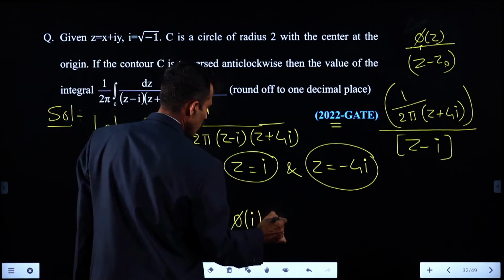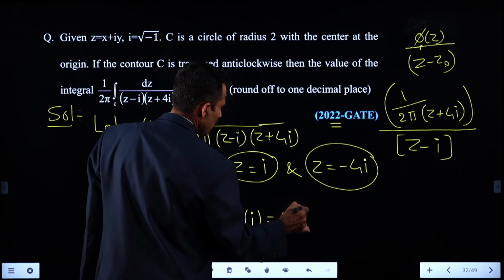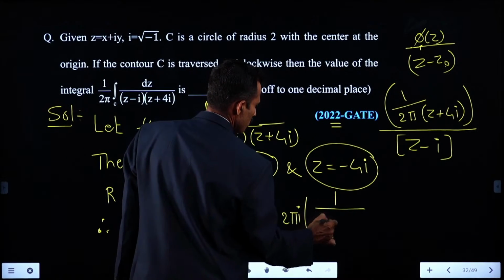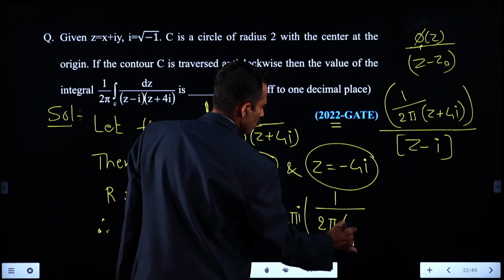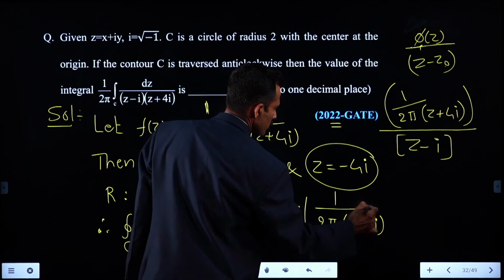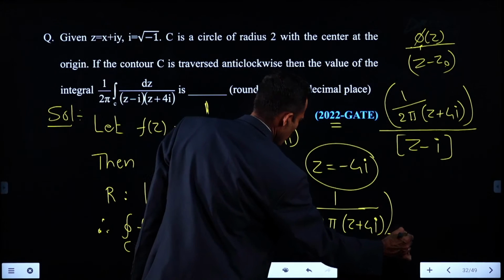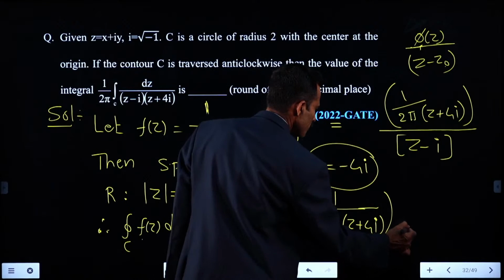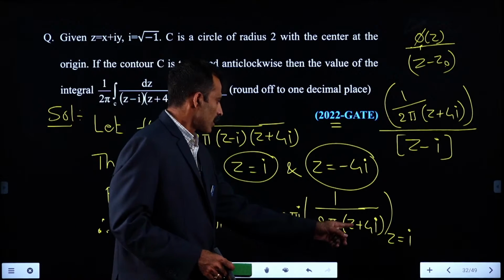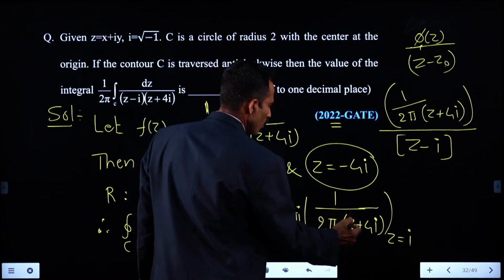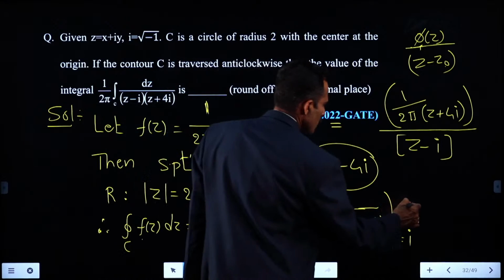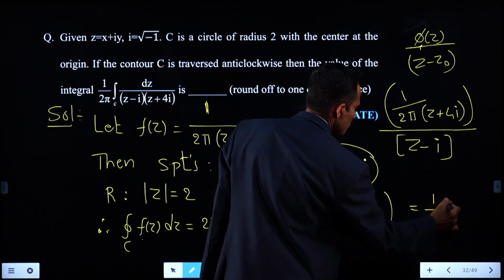This is equal to 2 pi i into 1 by 2 pi into (z plus 4i) at z equal to i. The 2 pi cancels. After substituting z equal to i, this becomes 5i, and the i cancels. This is equal to 1 by 5.